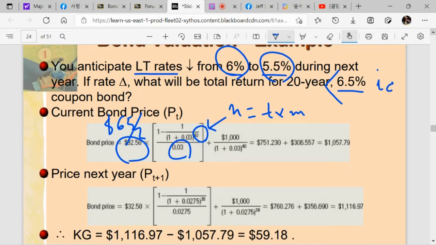And the discount rate is 3%. Why wasn't it 6%? Of course, 6%, but you must divide it by 2, right? And if you do that, it comes to 1,057.